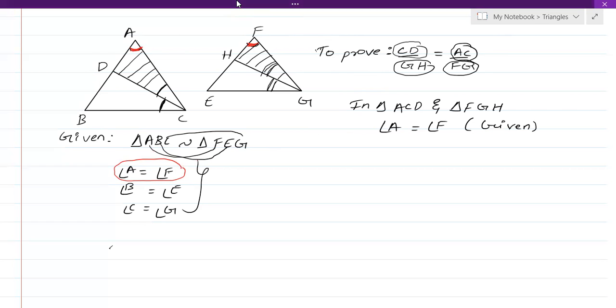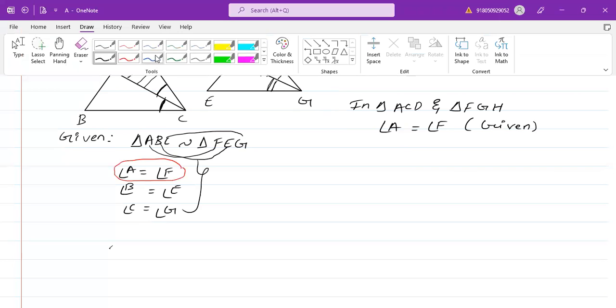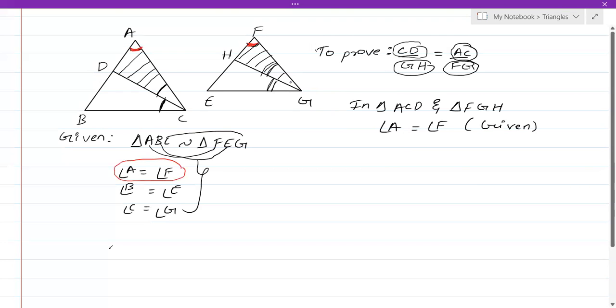Now one more thing: you can say this angle G and angle C are equal. Let me also show it in a different color. It's very easy because this complete angle C and this complete angle G are equal. It is from the given section.